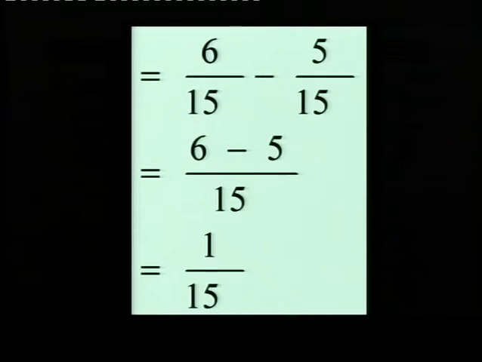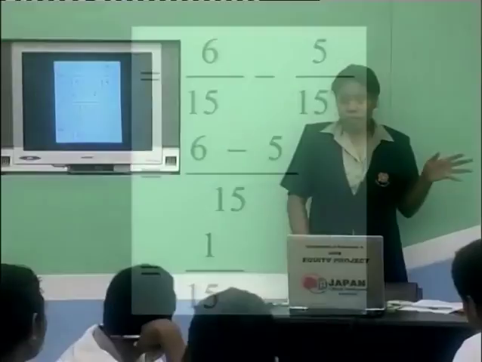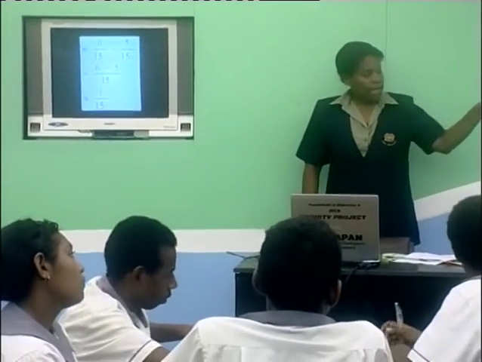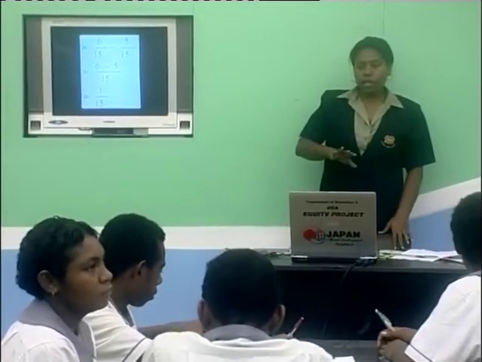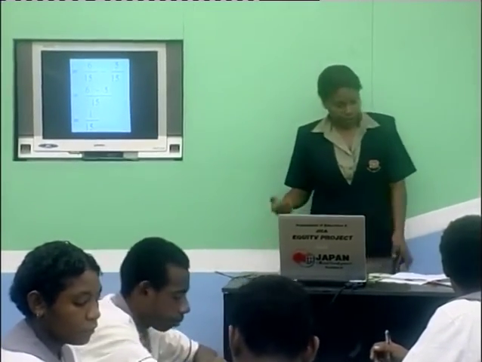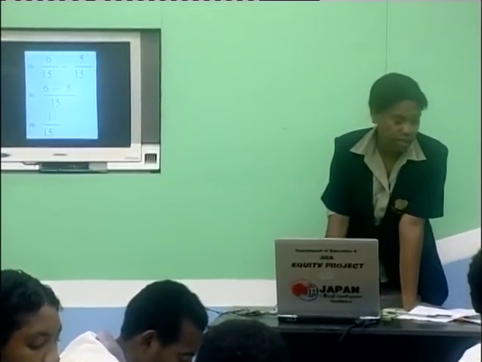So that's when you're using the lowest common denominator rule. Any questions? So like I said, you can either use paper strips or diagrams to add and subtract fractions, or you can also use the formula, the rule.